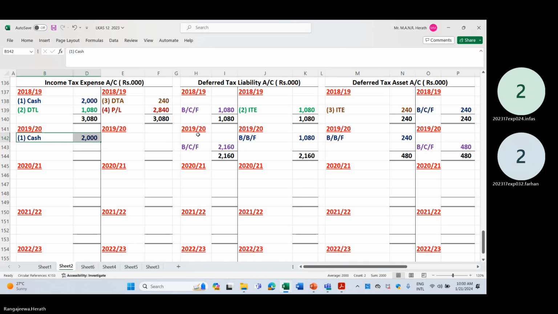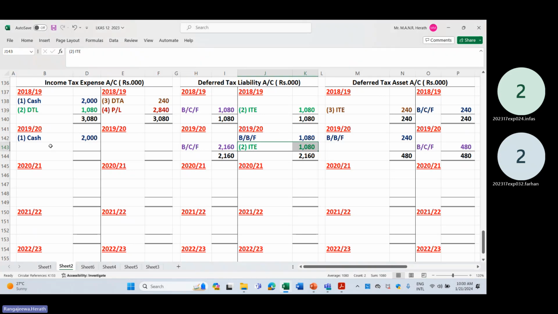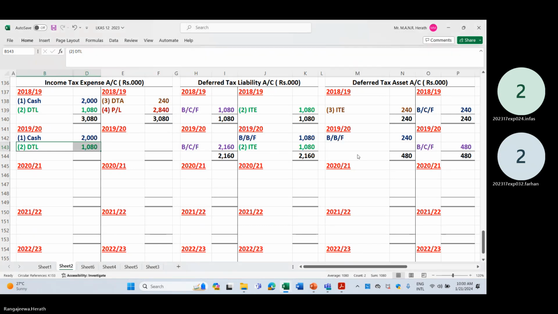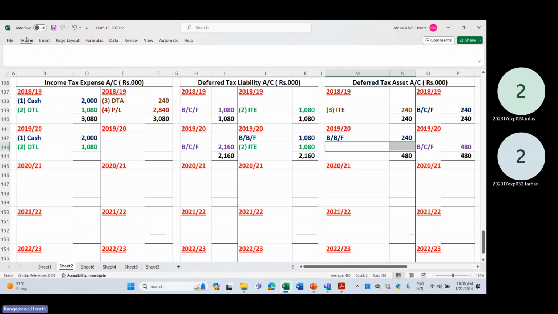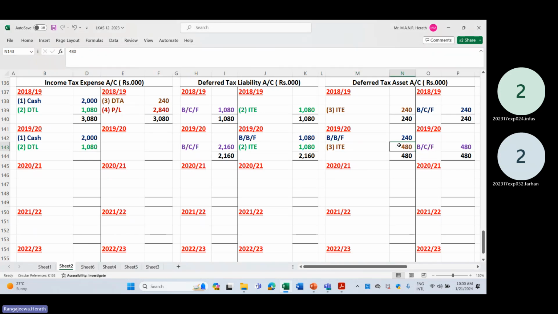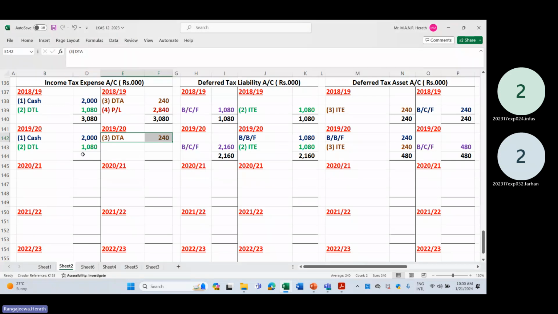And the creation same as previous one. 1,080 increased to 2,160, so newly created again 1,080. Asset also same. 240 increased to 480. So asset created 240. So tax expense account of the second year same as the first year.